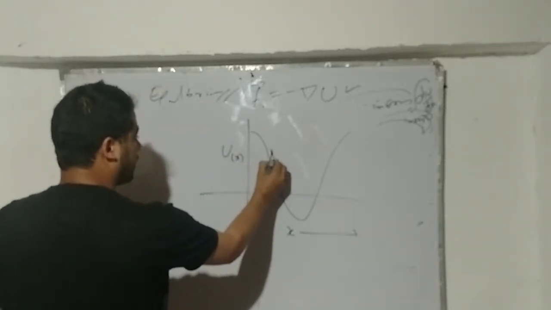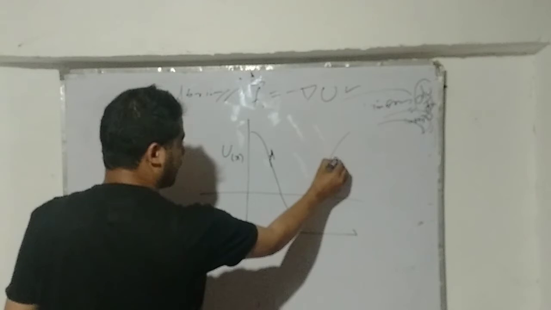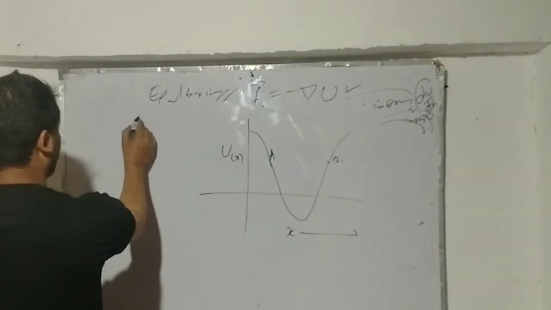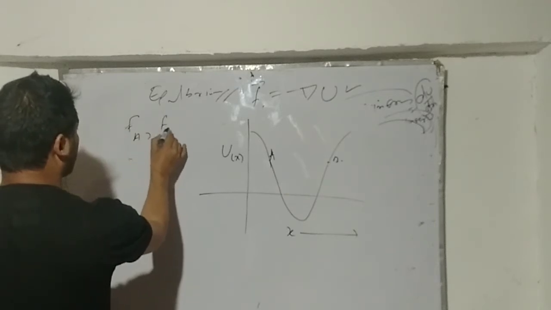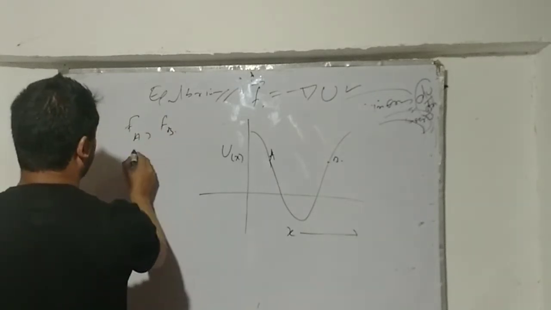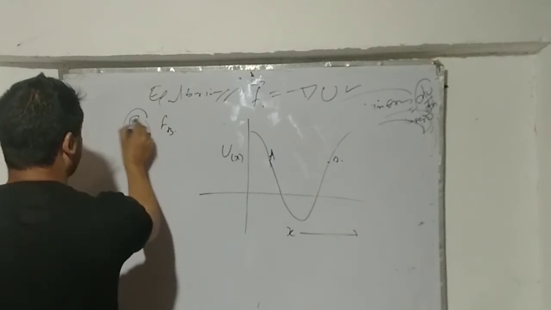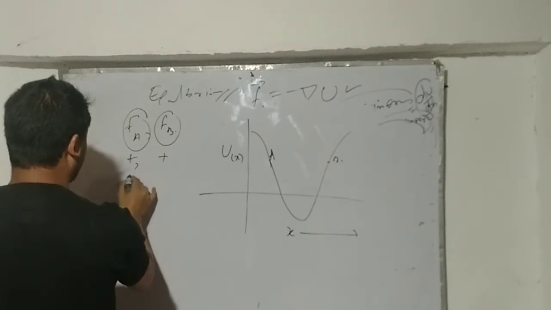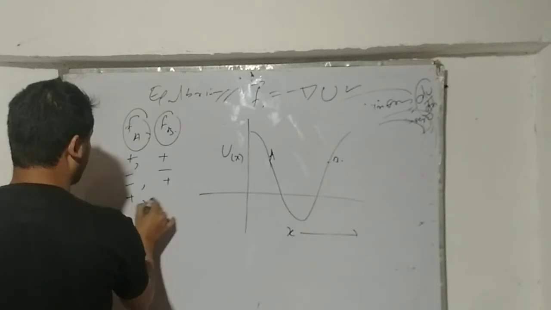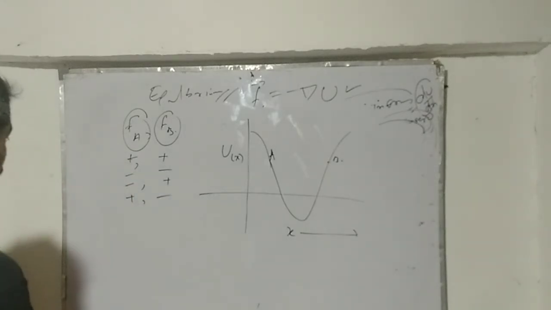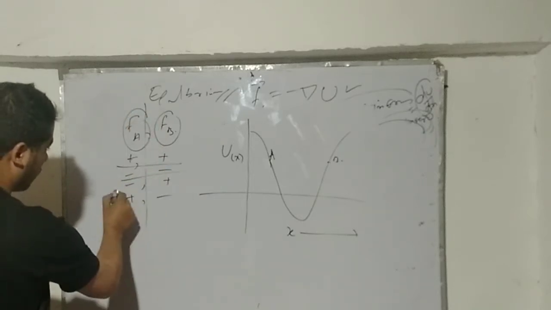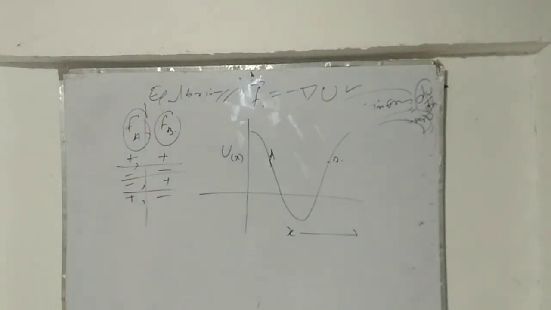If there is a point A given in a question and a point B given in a question, I want to know what will be the force at point A and what will be the force at point B, okay? Only what will be the sign of the force? Will it be positive at point A or B? Will it be negative here, negative here, positive here, negative here? These are the four options, and I need to figure out which combination is suited for a given expression.